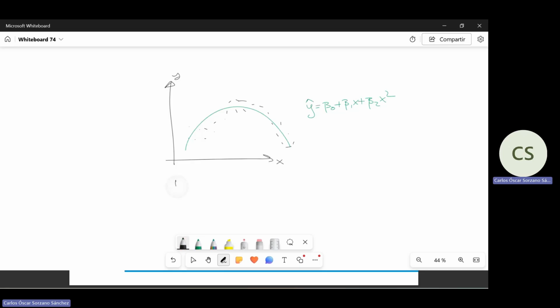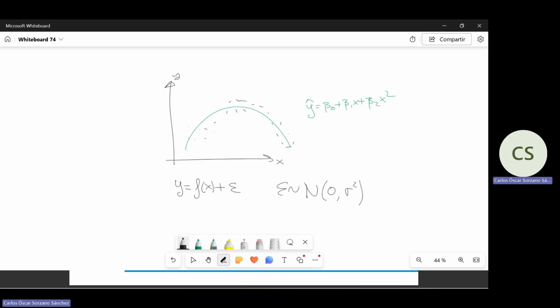So my model is that y is some function of x plus some noise. This noise follows a random distribution, and this holds for every point.